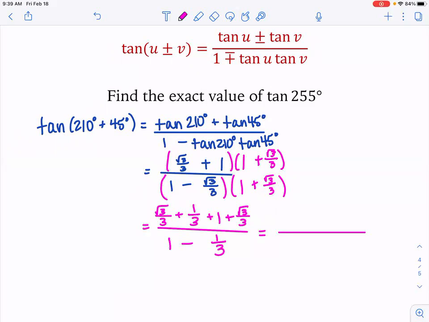Okay, this is like the most work you're going to have to do of any problem if you have to apply a tangent sum or difference formula for an exact value. It's just what's going to happen.